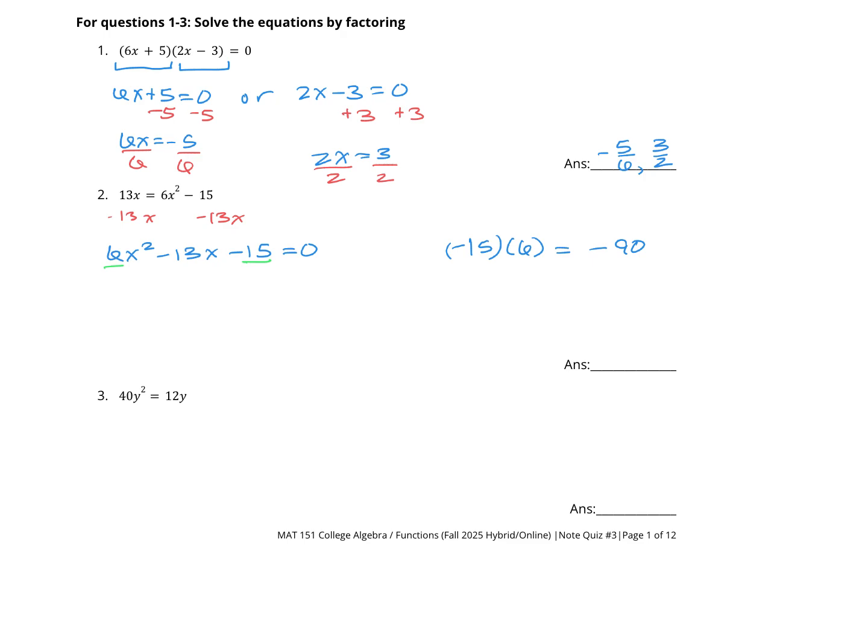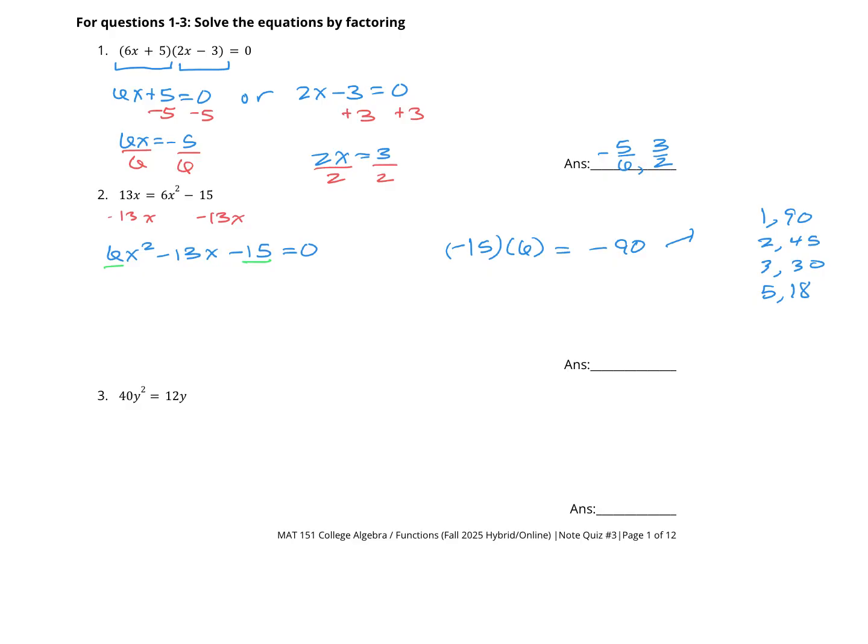There's a lot of different numbers to consider. You look at 1 and 90, that's not going to do the job. We can do 2 and 45, 3 and 30, 4 won't go in, 5 will go in, and let's see, how many times does 5 go in? I think 18 times. And that right there is our pair.